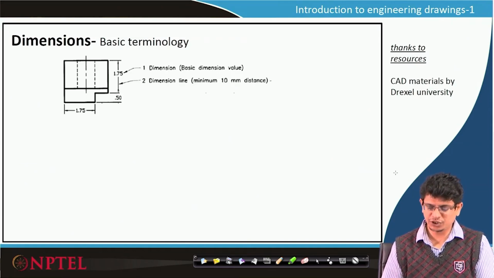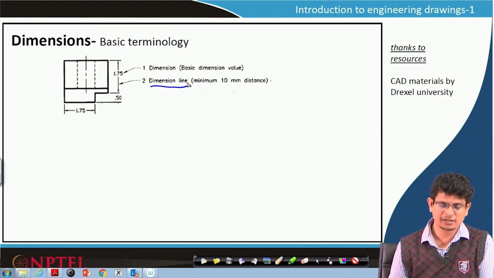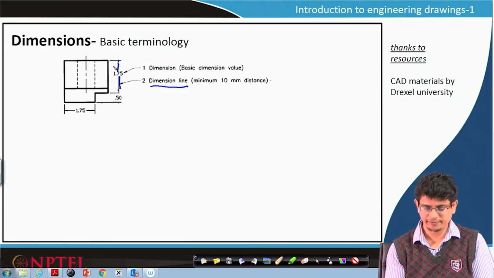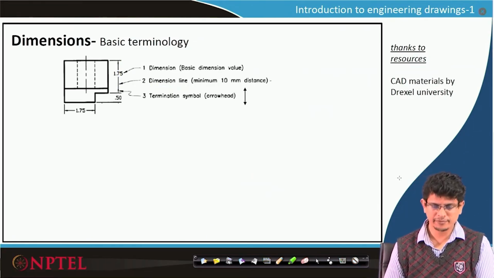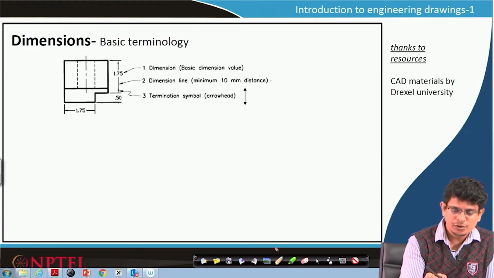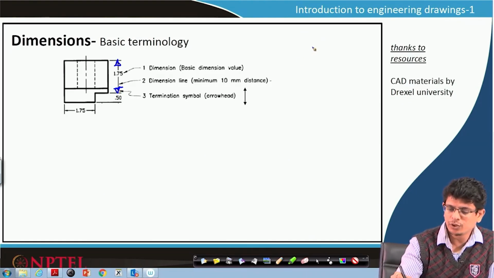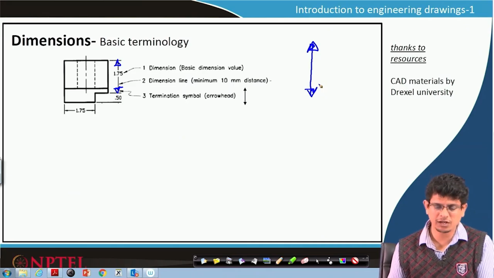To represent dimension, we require a dimension line. So, there is a line. When dimension is ending, we show it by arrow. So, a line with an arrow is called termination symbol.